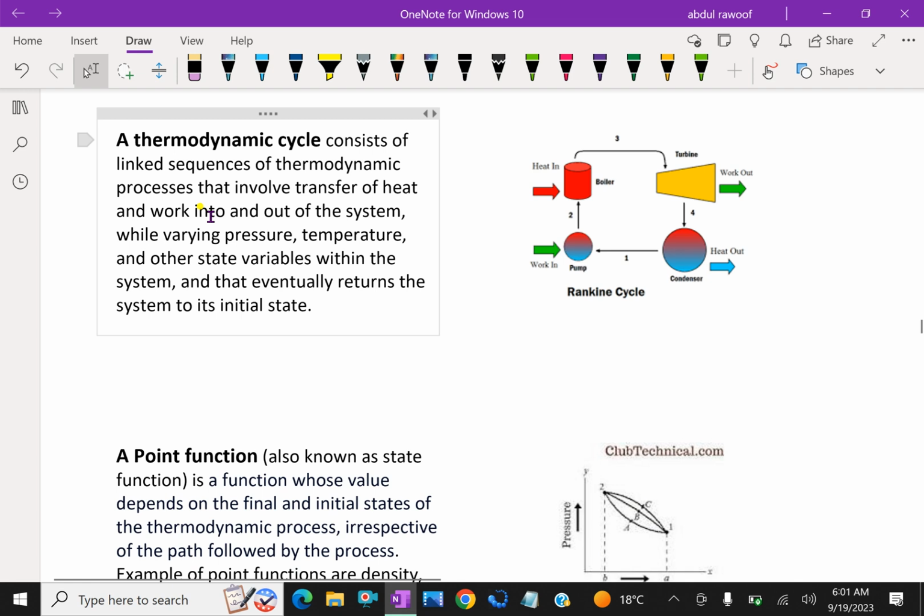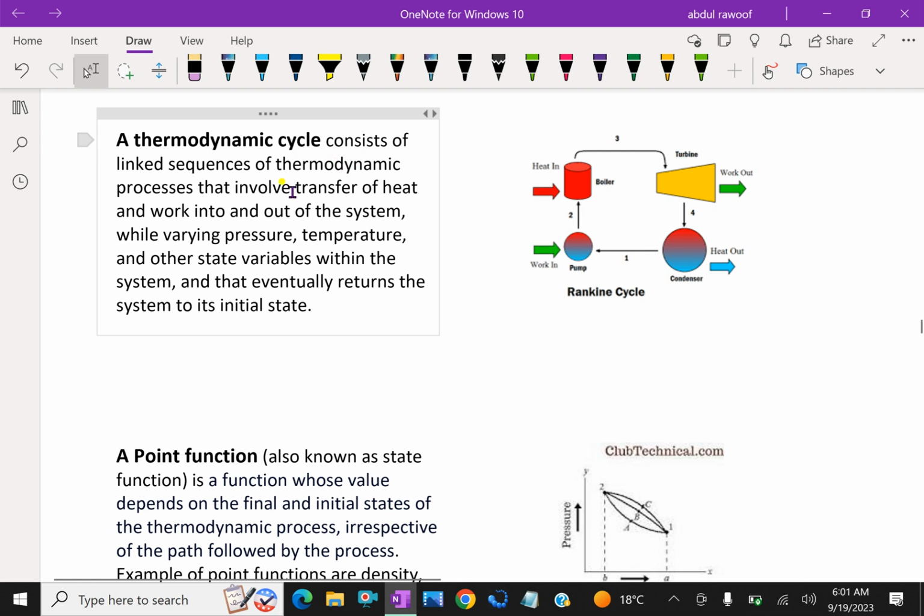The process through which the system has passed can be shown on a state diagram, but a complete description of the path requires in addition a statement of heat and work crossing the boundary of the system.